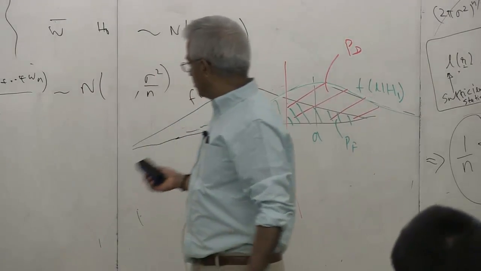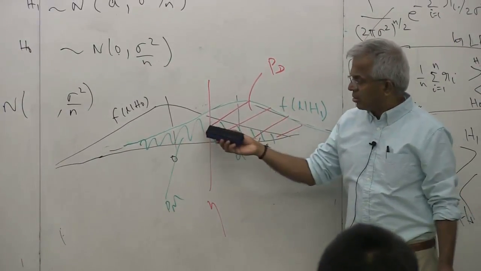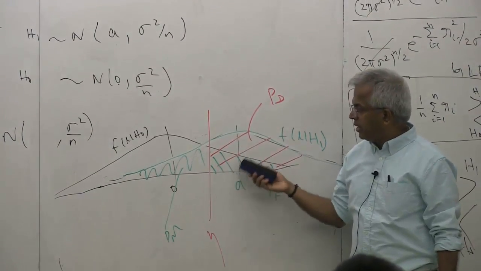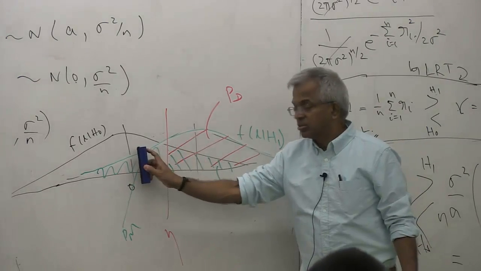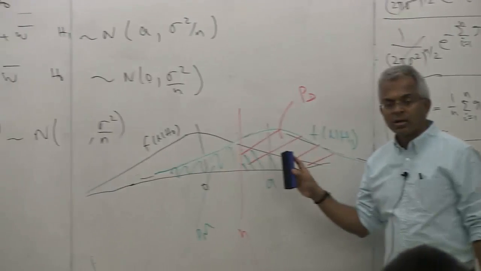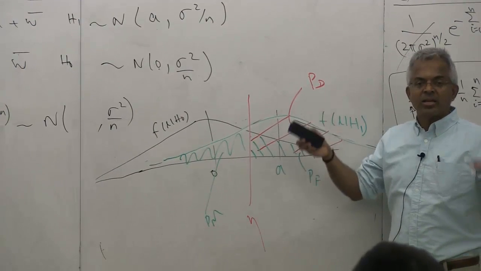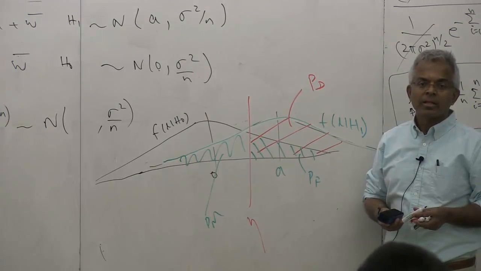From the diagram, it is clear to you it's impossible, right? Because look, both PD and PF are on the right side of two different graphs. So if I move the threshold to the left or right, PD and PF will either increase or decrease together, no matter what detection scheme we use.